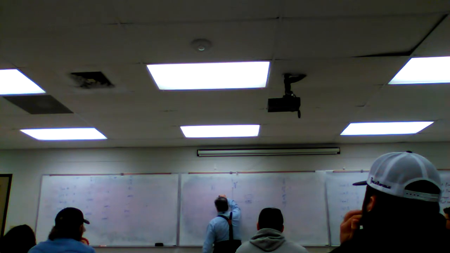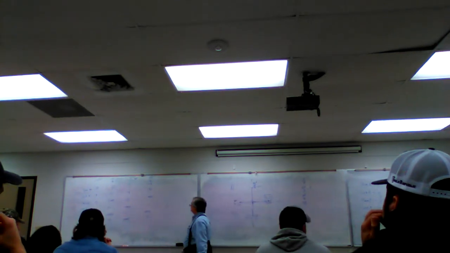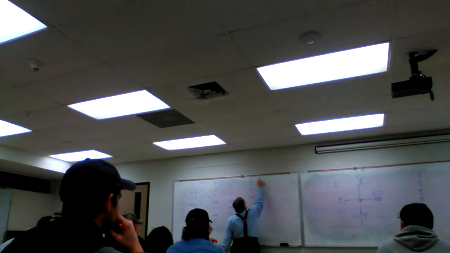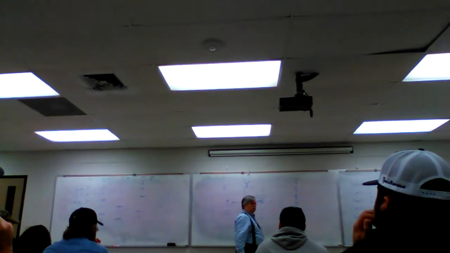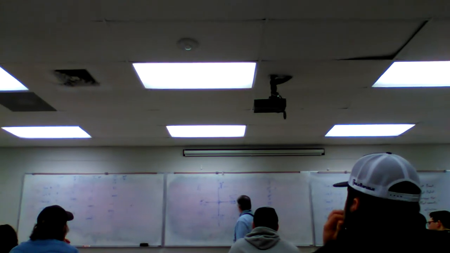What's the next one? 7 pi over 2, which is the same as 3 pi over 2. And 8 pi over 2, what's 8 divided by 2? 4 pi.